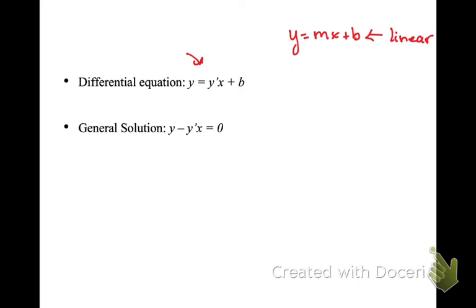Y equals mx plus b? No. Y prime, because that's our instantaneous rate of change, correct? So a general solution to that is y minus y prime x equals 0.